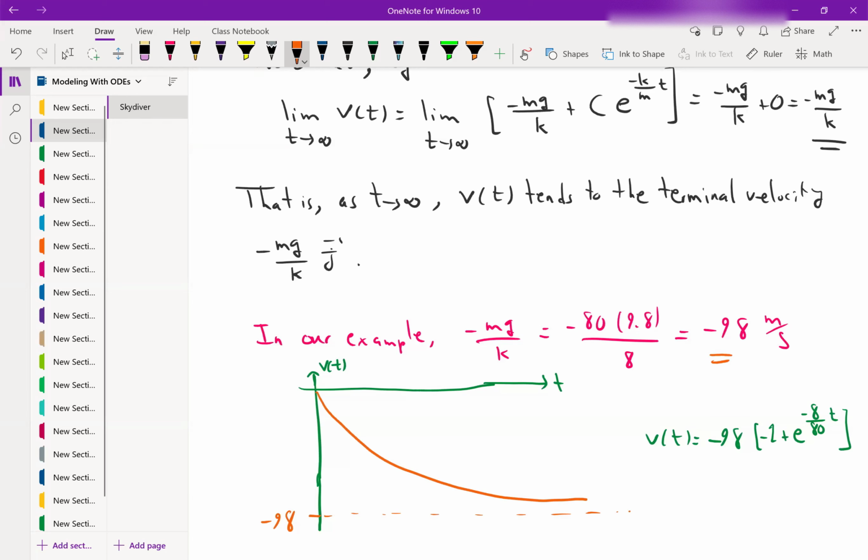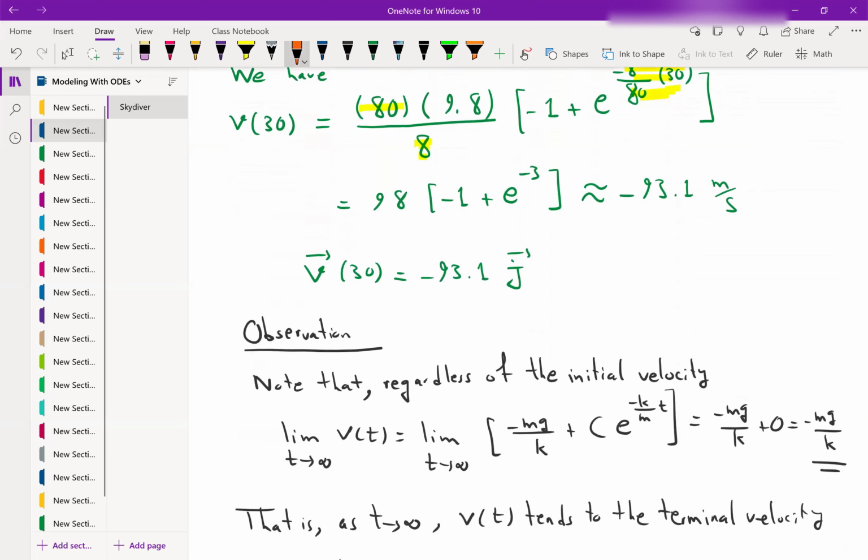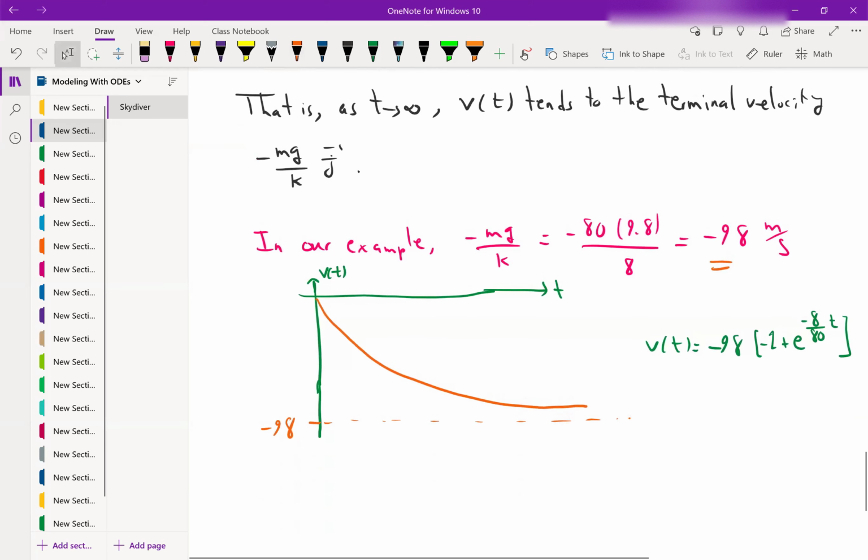After 30 seconds, the velocity is negative 93. So maybe I put 10 seconds, 20 seconds, 30 seconds. After 30 seconds, we are close to this negative 98.